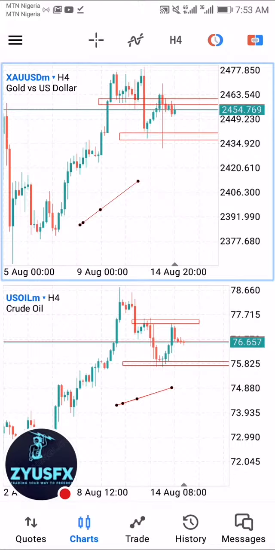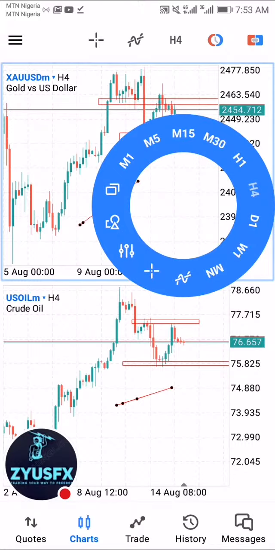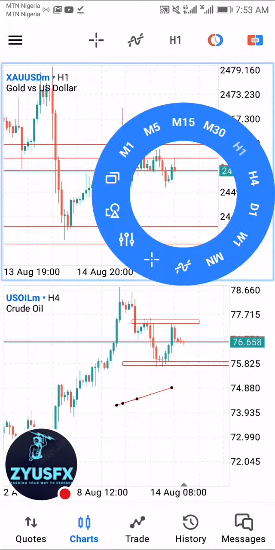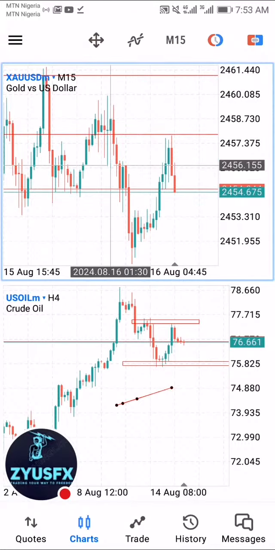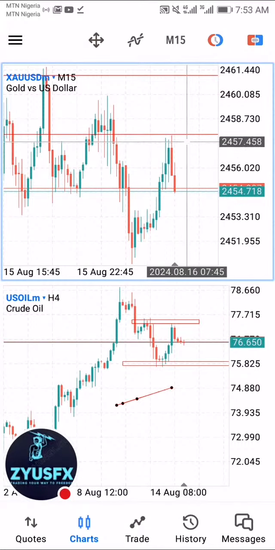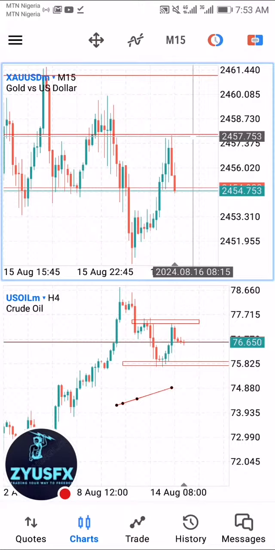So back on gold, as we were saying, all we are waiting for is for the pullback to happen, for price to come back again to this level to reduce our stop loss range.